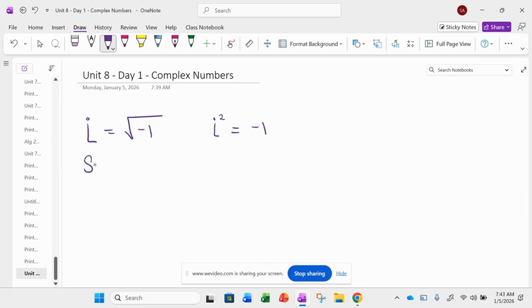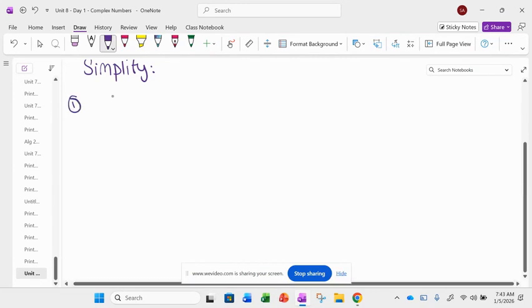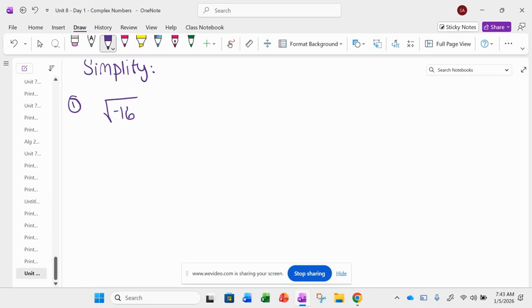Let's say my directions are to simplify, and I ask us to simplify the square root of -16. The first thing we're going to do when we have a negative under a square root is take out the negative.